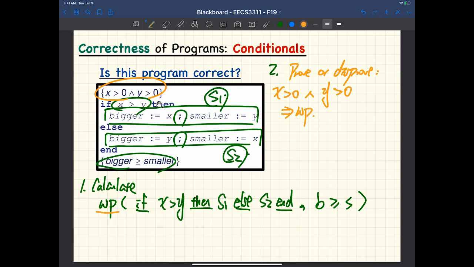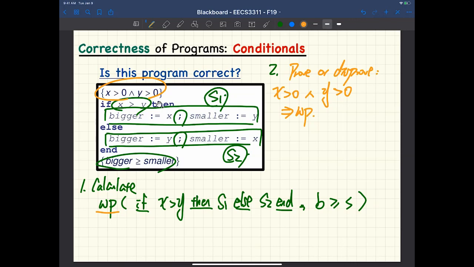Let's go on a little bit more for number 1. How can we continue for the next step? What's the overall structure of the program? Is it assignments or is it an if conditional? So this is what we can do.